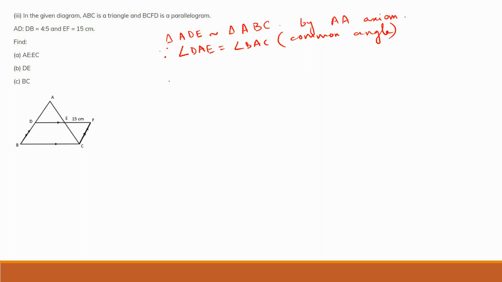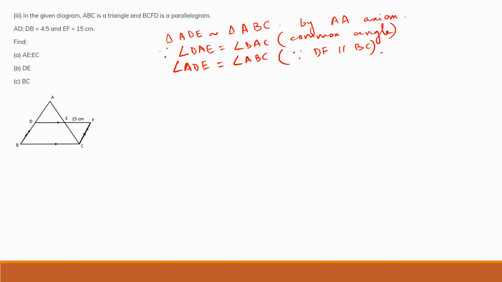And since these two are parallel, angle ADE is equal to angle ABC, since DE is parallel to BC. Similarly, angle AED is also equal to angle ACB, right? All the three angles are equal. So ADE is similar to triangle ABC. This much you got, okay?